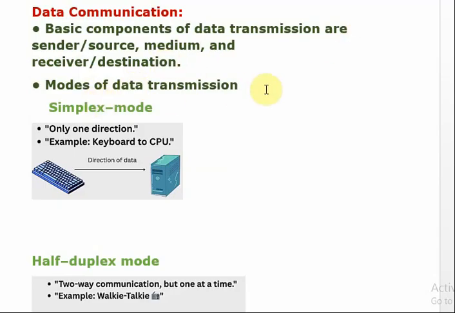The modes of data transmission: simplex. Simplex means only one direction. We use the keyboard and feed data to the computer, it is not coming back. The computer is not feeding anything to the keyboard. Radio and TV broadcasting are all simplex.